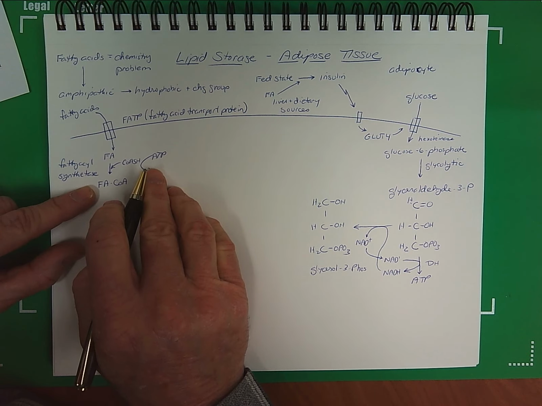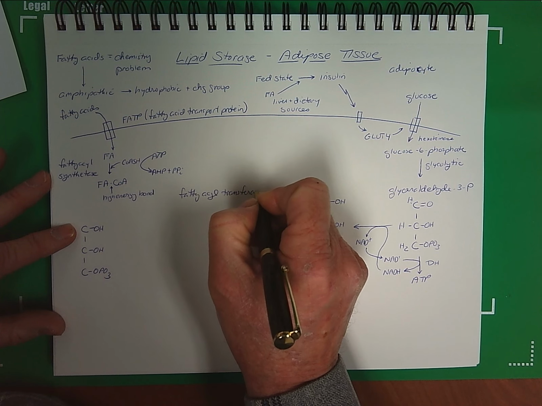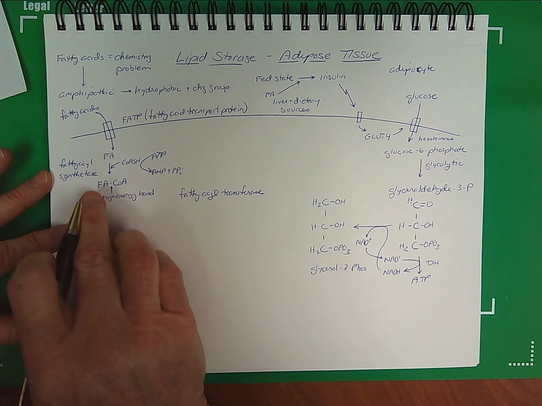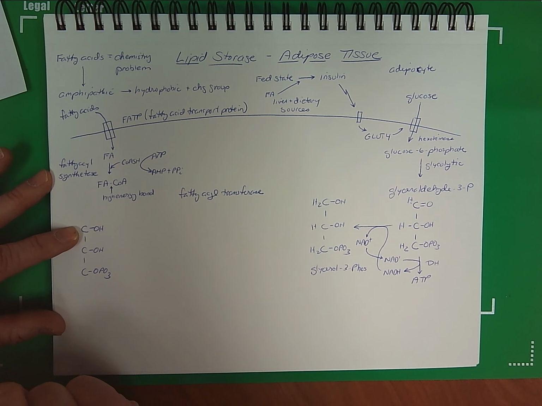I'll leave off the hydrogens, let you fill those in your notes. And what we are going to do is a sequential addition using an enzyme called fatty acyl transferase, and we are going to be adding the fatty acid as an ester linkage onto the carbons of glycerol 3-phosphate.